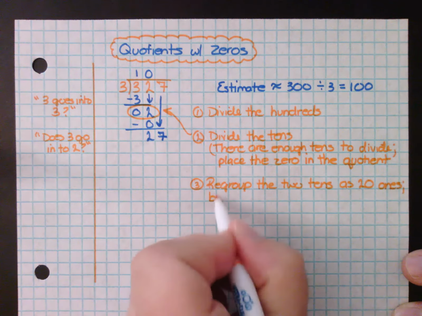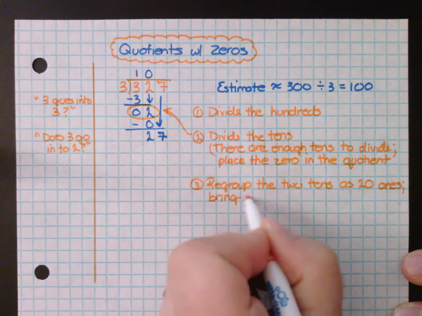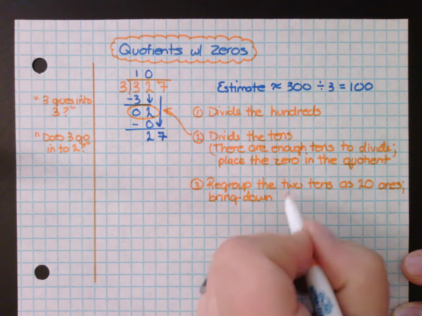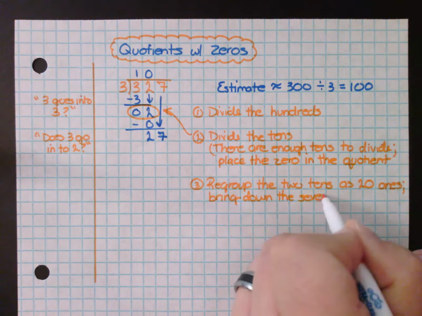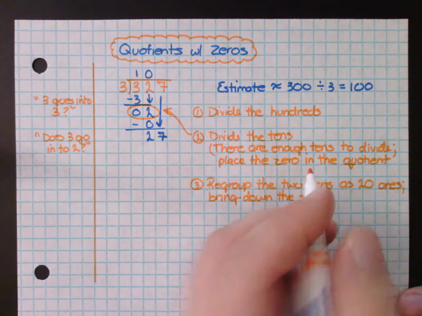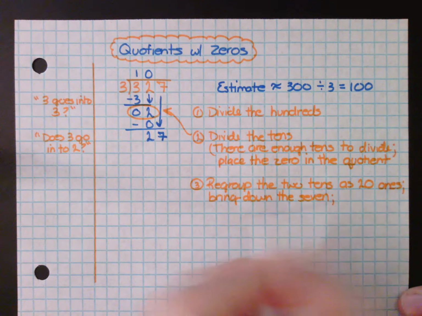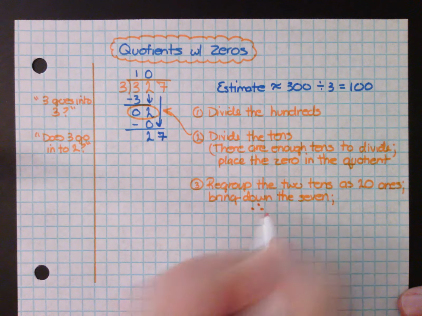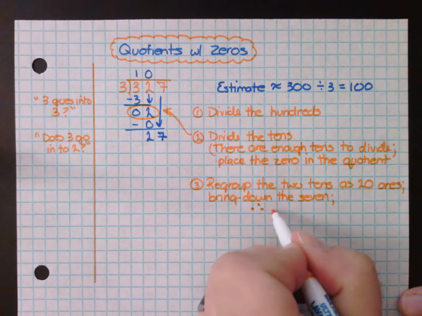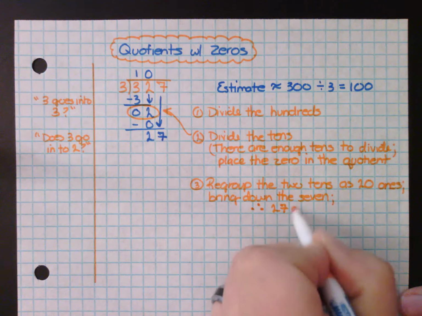Bring down the 7. Therefore, and the symbol for therefore is a triangle of 3 dots, 27 ones.